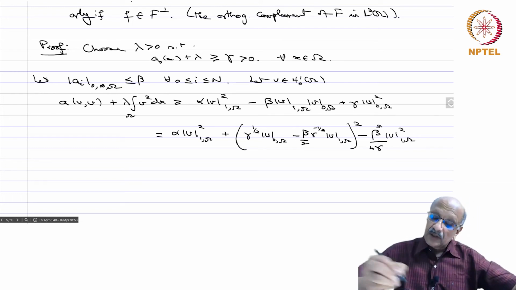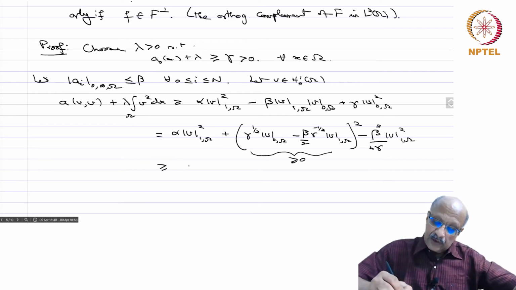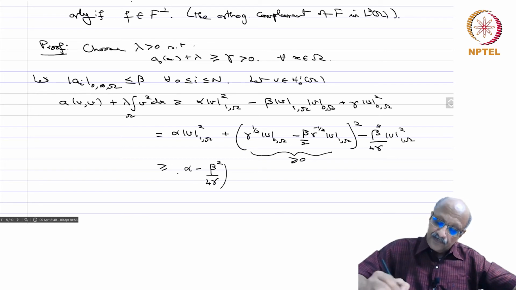So this is therefore greater than or equal to, so this square term is greater or equal to 0, we ignore it, alpha minus beta square by 4 gamma times mod v square 1 omega.